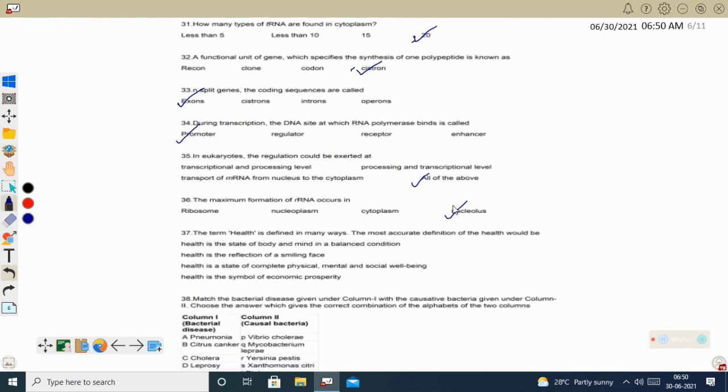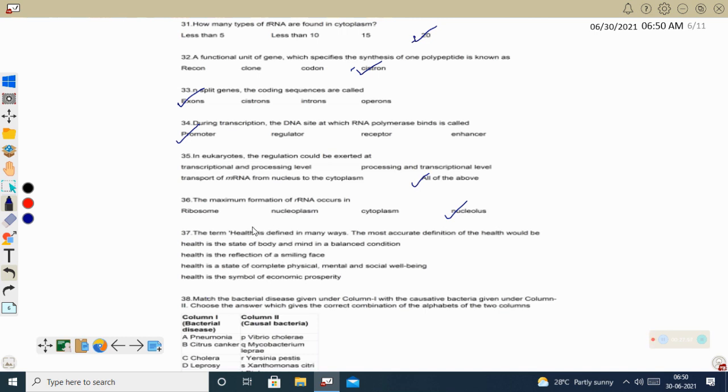This nucleolus will be prominent in cell nuclei where a large amount of protein synthesis is occurring, because the ribosome is the protein factory. Inside the ribosome protein synthesis occurs, so they need more ribosomes, so rRNA also they need more.